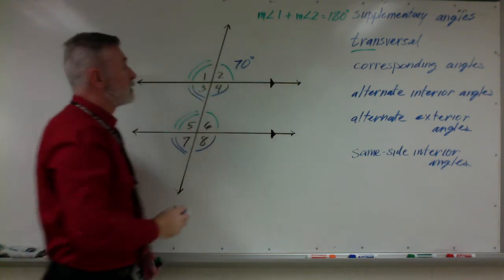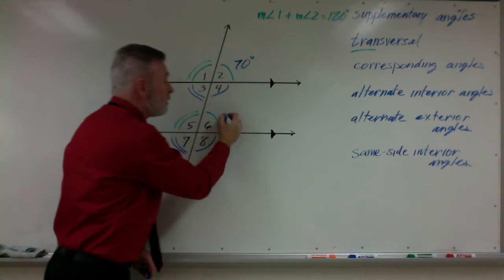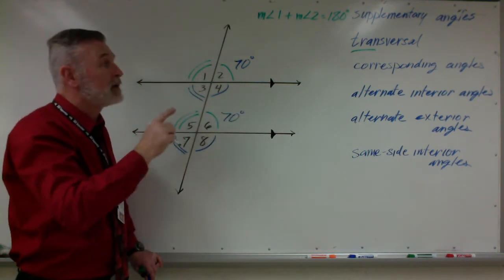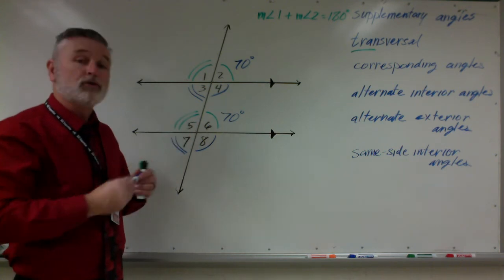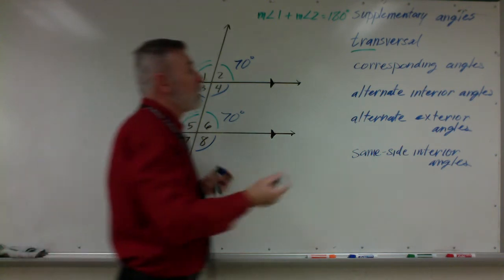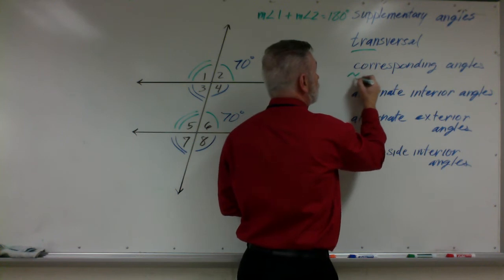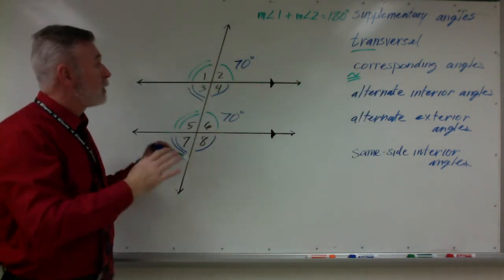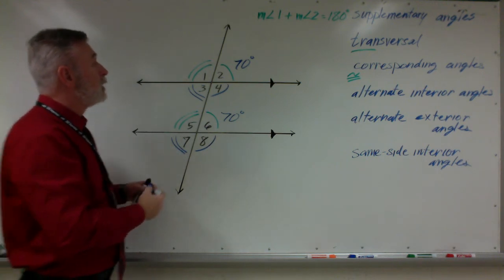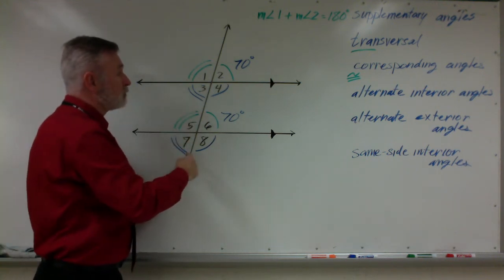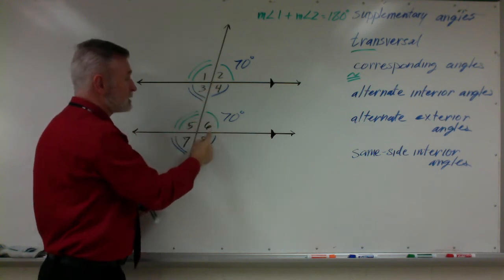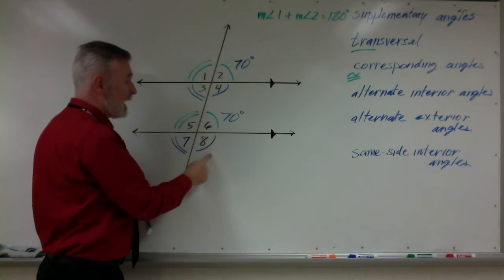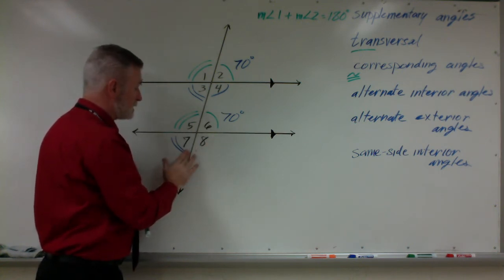If that is 70 degrees, that means that this is 70 degrees as well, because corresponding angles are congruent. Corresponding angles are congruent to each other. All right? And corresponding angles here would be 1 and 5, 2 and 6, 3 and 7, and 4 and 8. I'm going to erase these real quick.